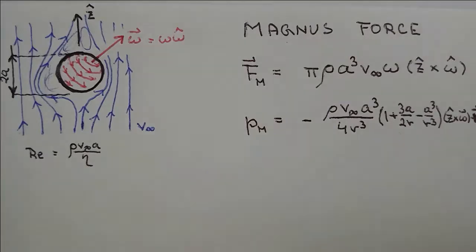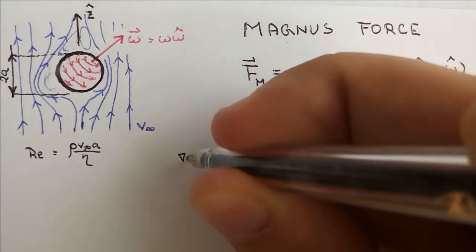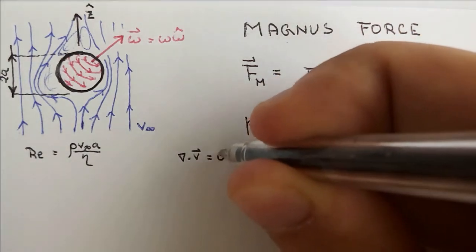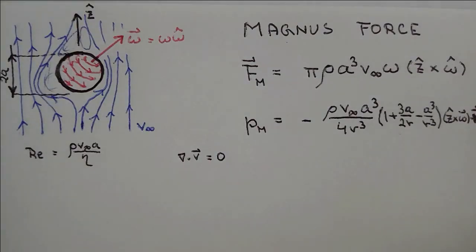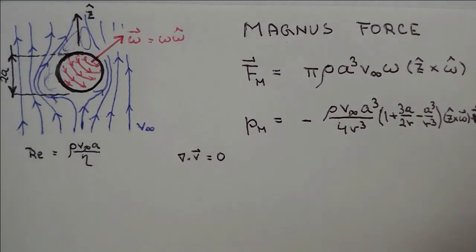The first one is, as always, the equation of continuity in the form for an incompressible fluid. It is just the divergence of the velocity field is 0.